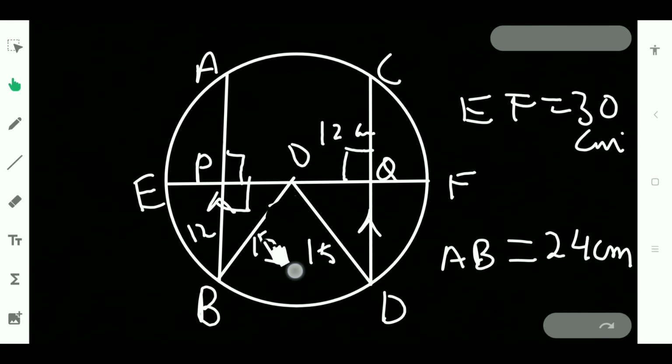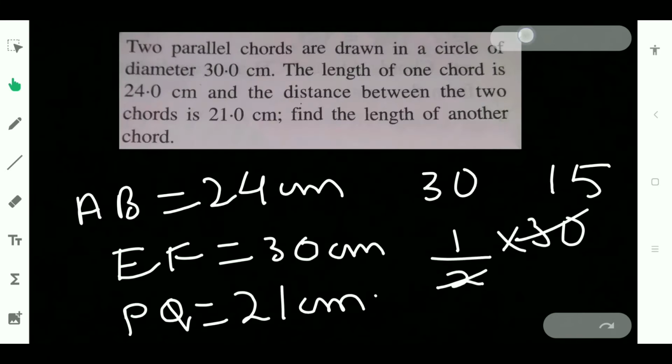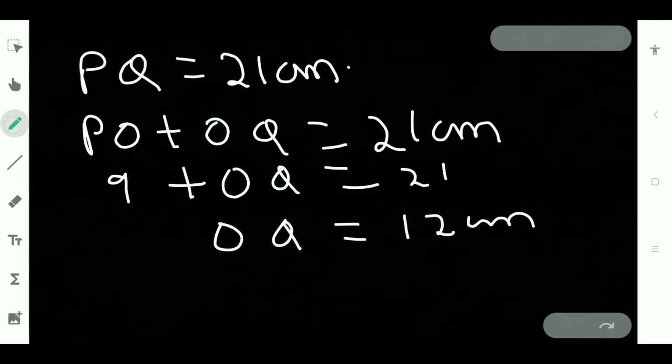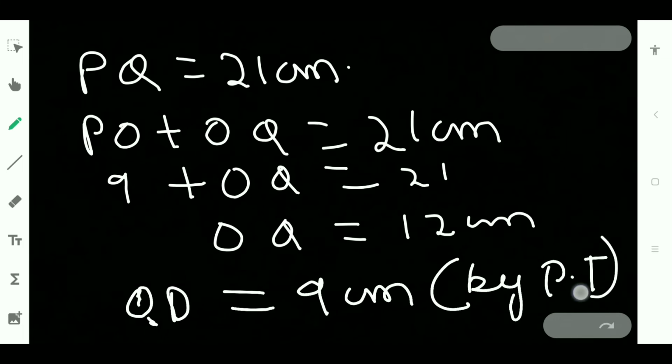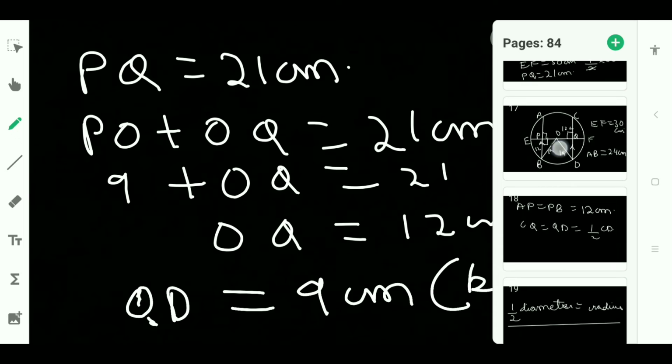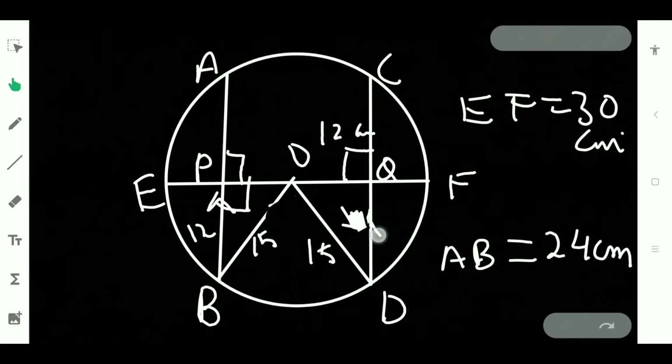So here also we have 15, 12, and definitely QD will be equal to 9 centimeter. You will get this by Pythagoras theorem. This is the best way: if we have one triangle, we have the other triangle also in the same way. If you do not have it, we have to do the Pythagoras theorem as we did before.